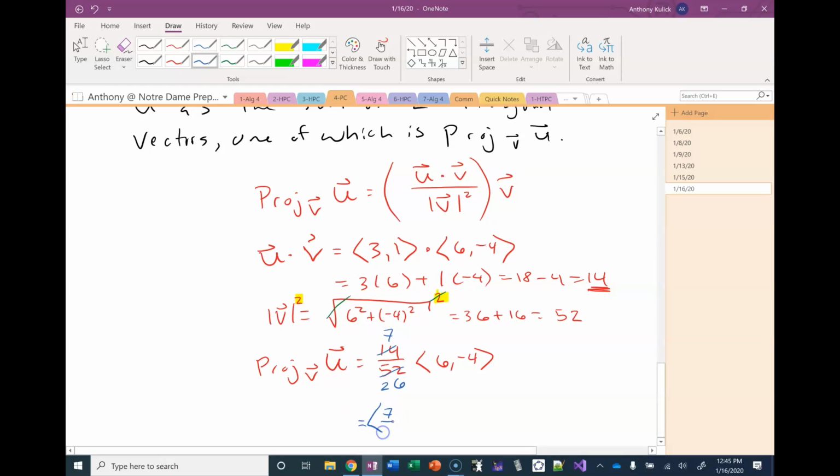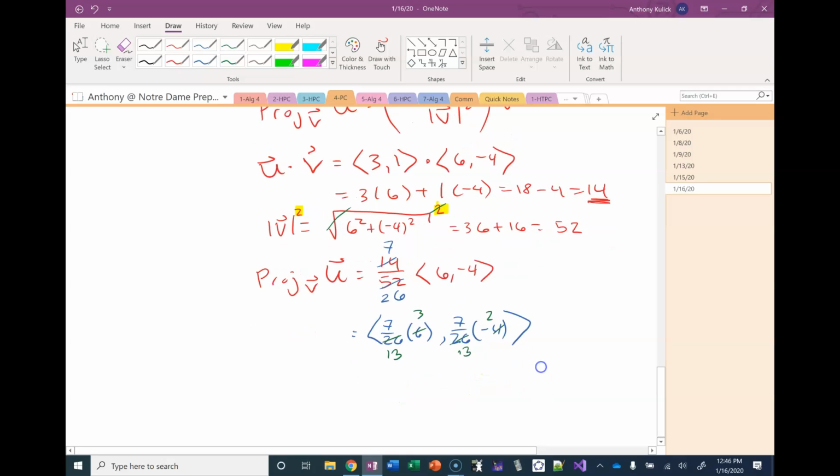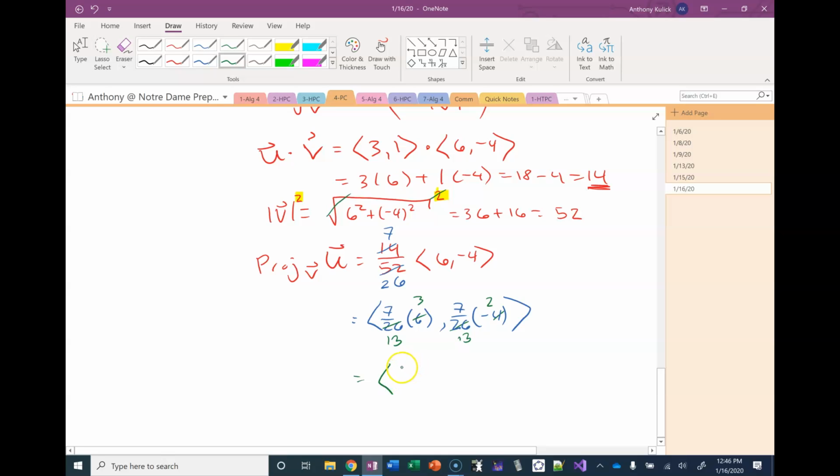So I'm going to get 7 over 26 times 6, and then 7 over 26 times negative 4. It's going to be my first vector. Now I can reduce that a little bit. 6 and 26 and 4 and 26 both reduce. So 7 times 3 is 21. And then 7 times negative 2, excuse me, is 14.